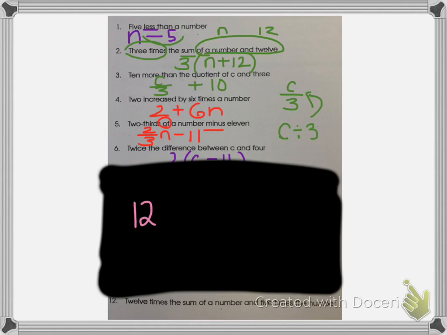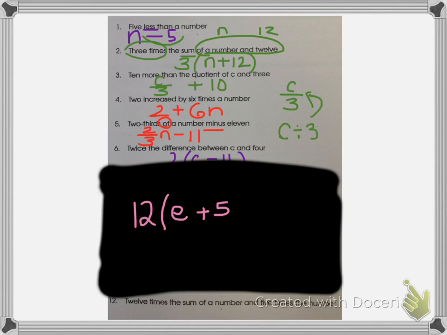12 times, we'll put a parentheses. The sum of a number, so addition, obviously. You see sum, adding. And number, you said E. So it's the sum of a number, E, and 5 times the number.